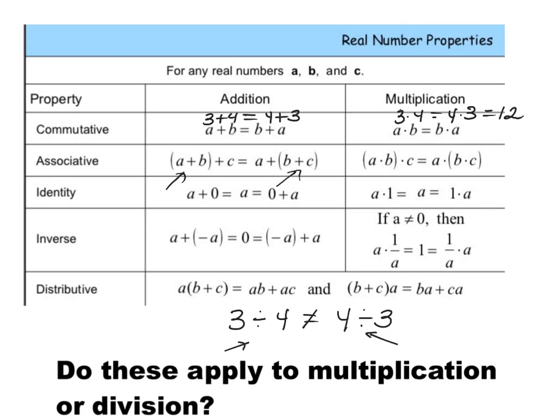So if I was thinking of an example, and I'll do one in a different color here, if I have in parentheses 3 plus 4 plus 5, the associative property says that's the same thing as if I move those parentheses over to the 4 and 5 instead of the 3 and 4. So now I have 3 plus parentheses 4 plus 5. So those parentheses are associating with different numbers.